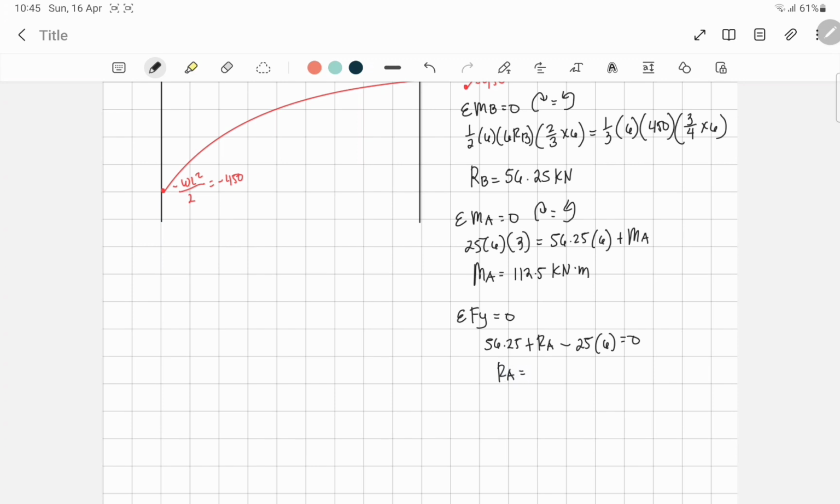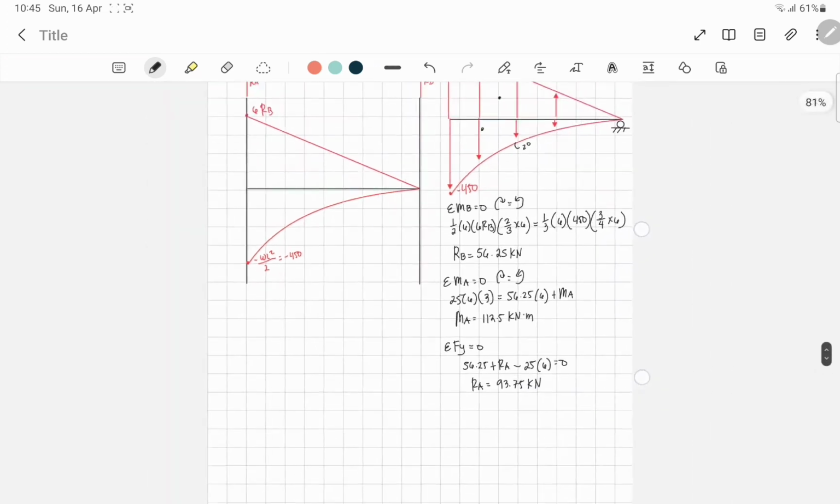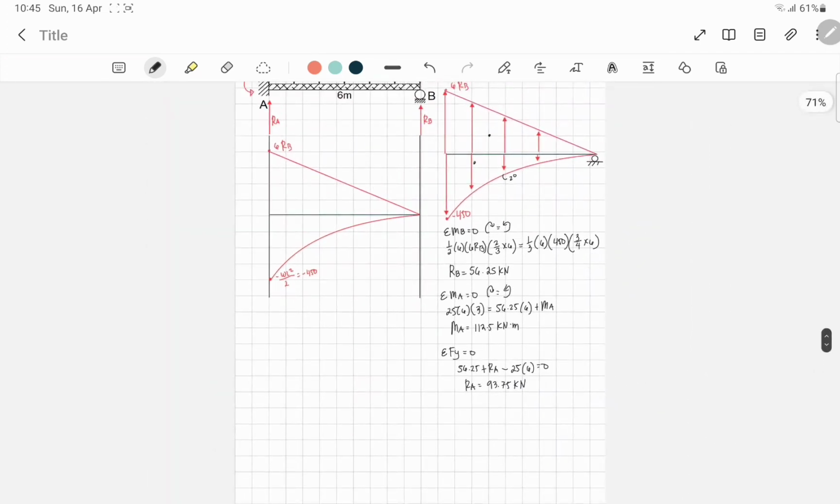Therefore, RA should be equal to 93.75 kilonewtons.